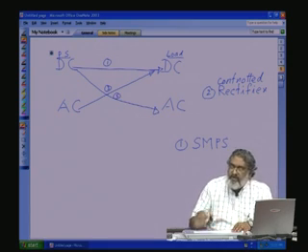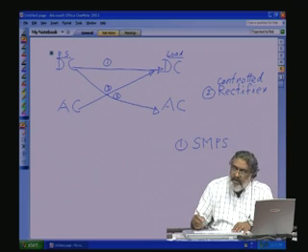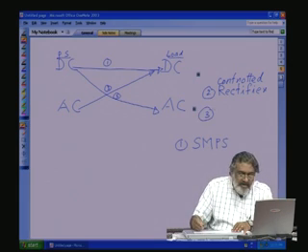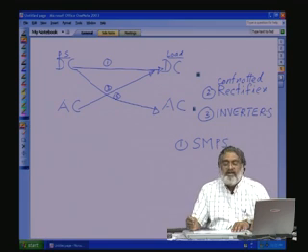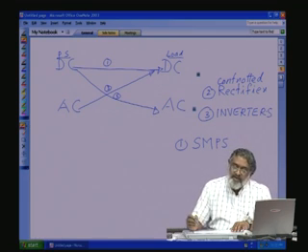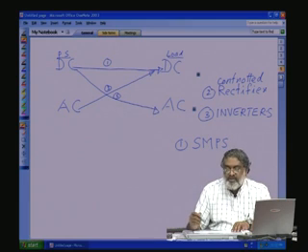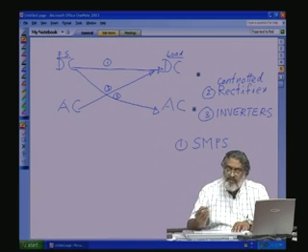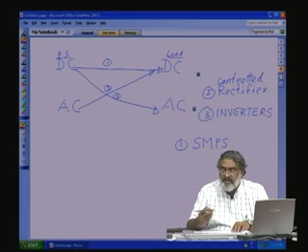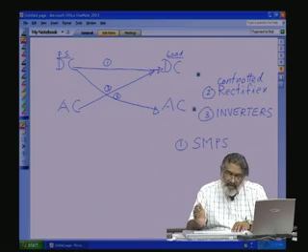These types of power converters are called inverters. We will be studying in due course the control of inverters and various inverter topologies for speed control applications. We will be concentrating more on that later.